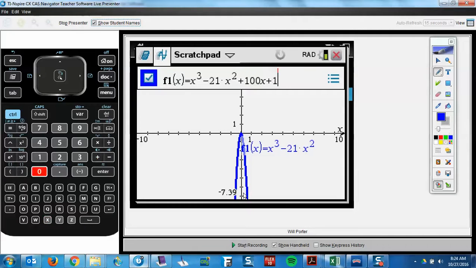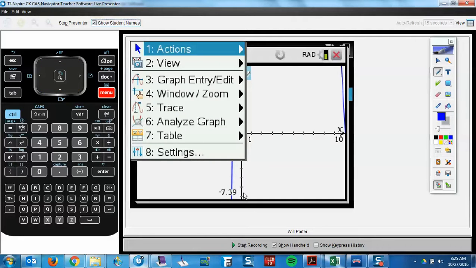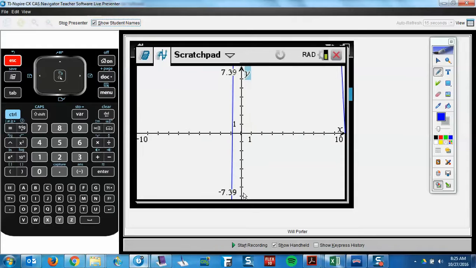It's in menu and then window. This is one of the things you absolutely will have to do on the quiz next Wednesday. You will absolutely have to be able to give it a function, type it into your calculator, draw a graph, set a window, and trace along it. What are you trying to do there, Will?